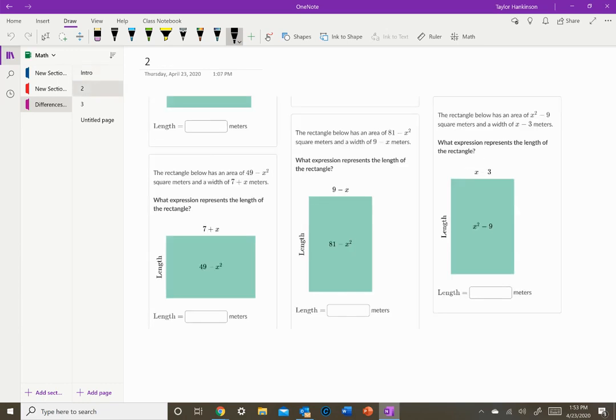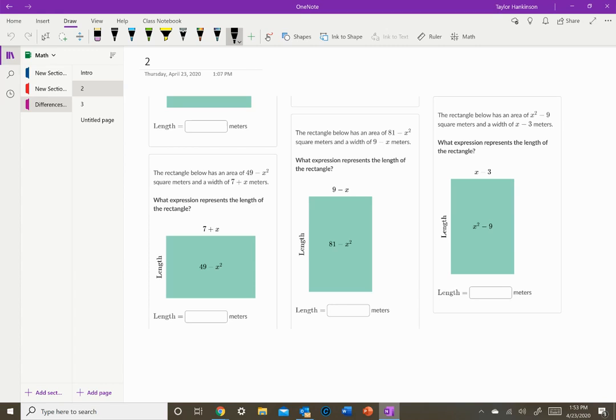Let's go on to these problems here. We've done some ones similar to these before, where we had to come up with the term on the inside when we multiplied the ones on the outside. Now these are sort of the opposite.